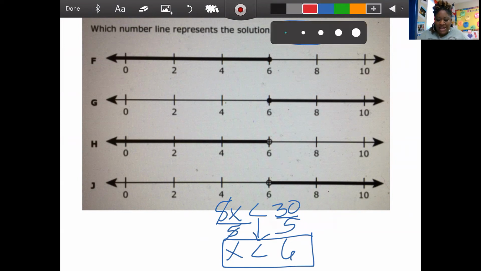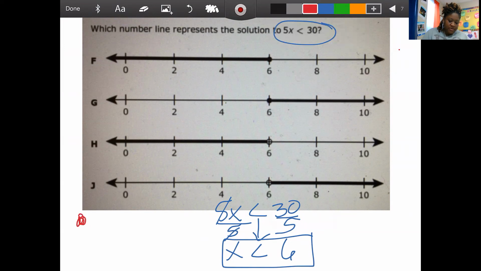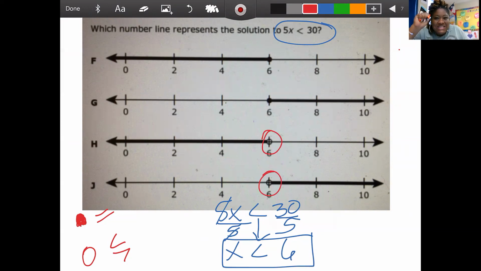So remember what I said about open and closed circles. If it's a closed circle, it's going to be equal to. If it's an open, it's going to be greater than or less than, okay? So ours is x is less than 6. So it cannot equal 6. It has to be an open circle. If it's closed, like if you bubble in on a test, that means that's your answer.